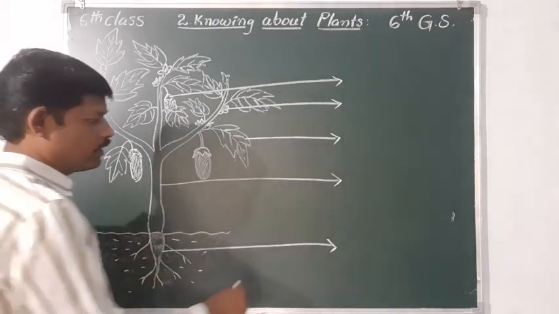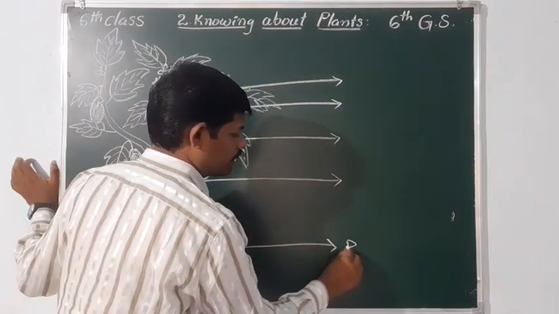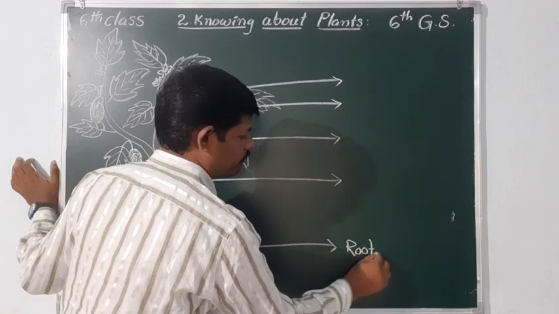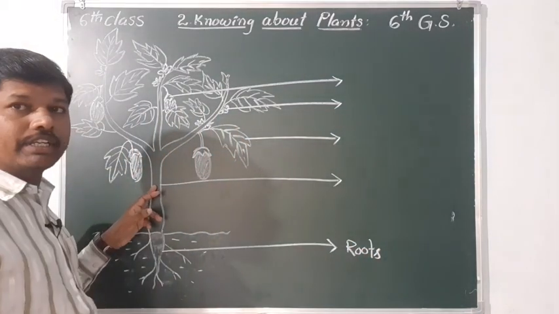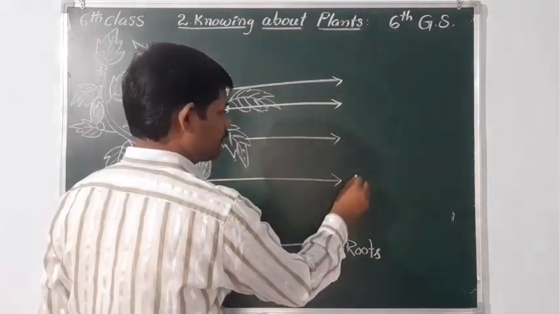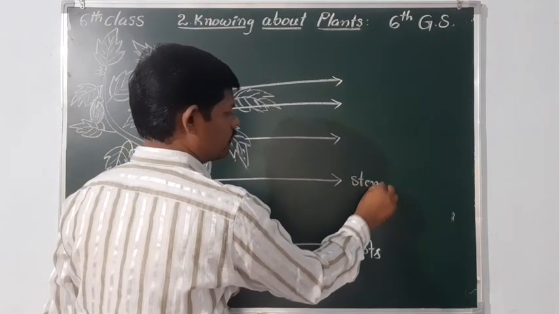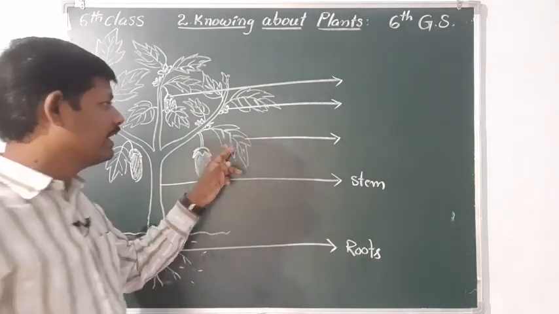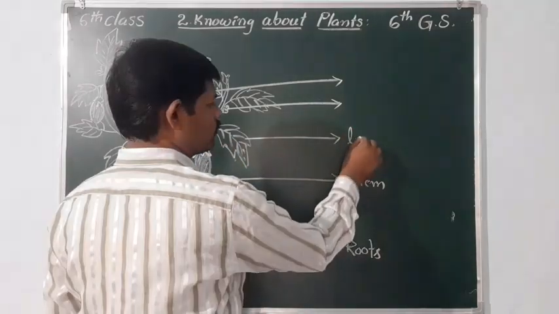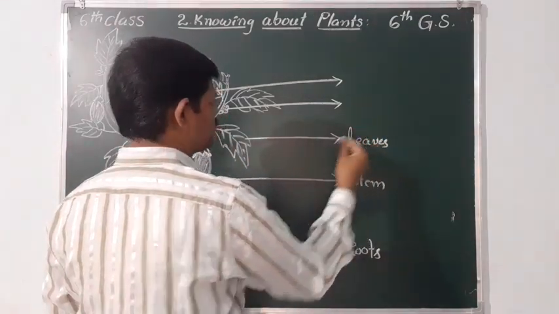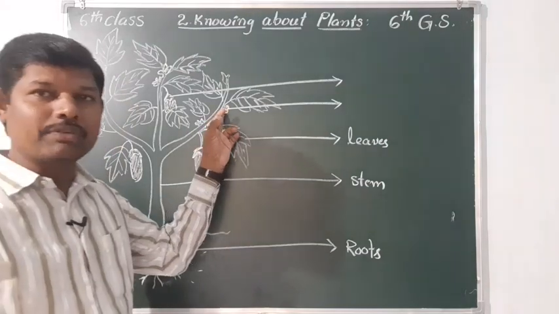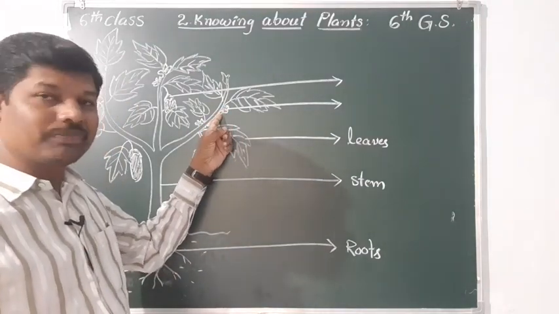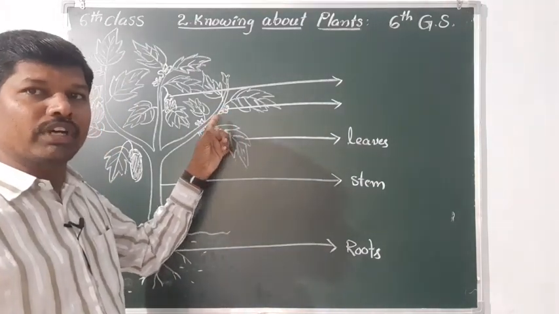These are the roots. And the second one is stem. And what is this? These are the leaves. And next, do you observe this? Are you able to find out? These are the flowers.